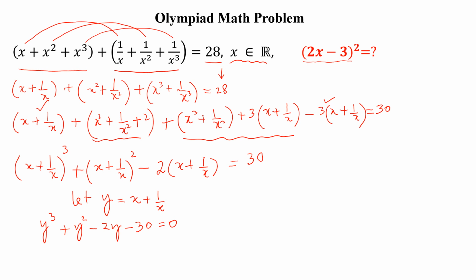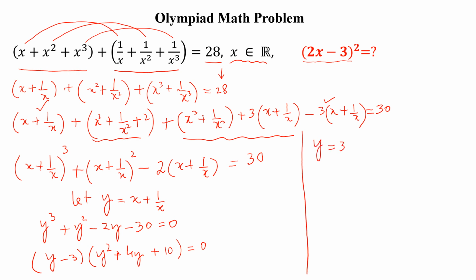If we factorize this, this will be equal to (y minus 3) into (y square plus 4y plus 10) is equal to 0. Now from here y is equal to 3 and the next factor has no real roots. So we will consider y equal to 3.